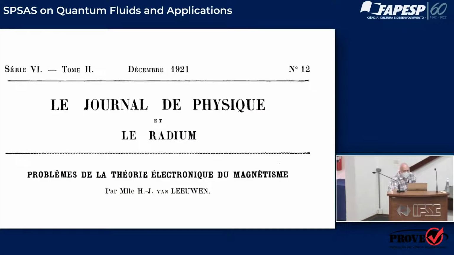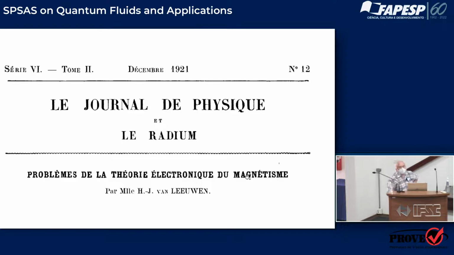Okay, let us start. So the title is Orbital Magnetism of a Single Charge 100 years later. But later of what? So let us move. 100 years after, you see the date, December 1921, when the famous paper by Mademoiselle Hendrika van Leeuwen was published, entitled Problèmes de la théorie électronique du magnétisme.